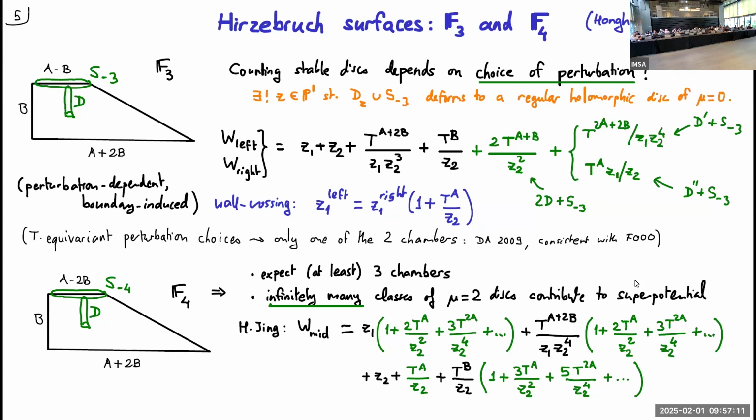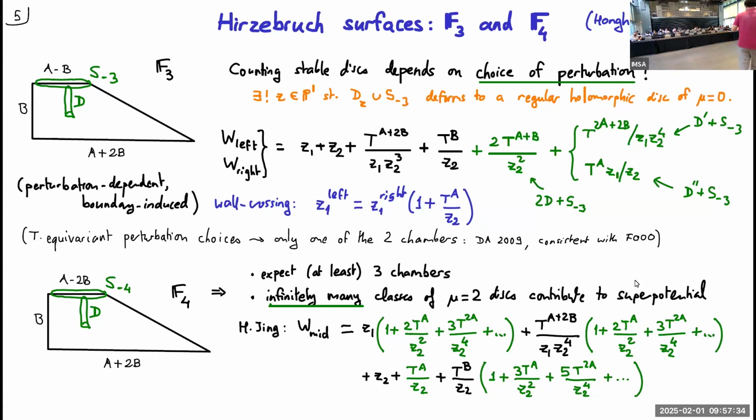I think if you haven't thought about it before, it's that even though in the toric world we expect no wall crossing because there are no disks in the complement of D, in fact what it means to count stable disks becomes trickier, because the answer depends on how you choose a perturbation scheme to regularize your moduli spaces of disks.